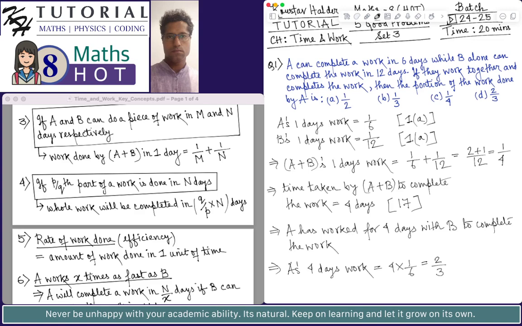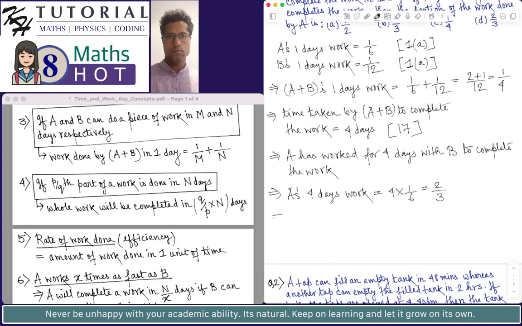So A's 4 days work is 2 by 3. So this implies that A's total work in completing the work with B in 4 days is equal to 2 by 3.